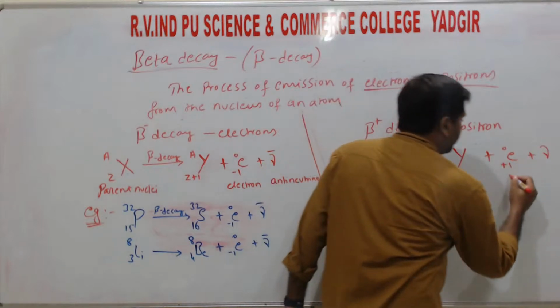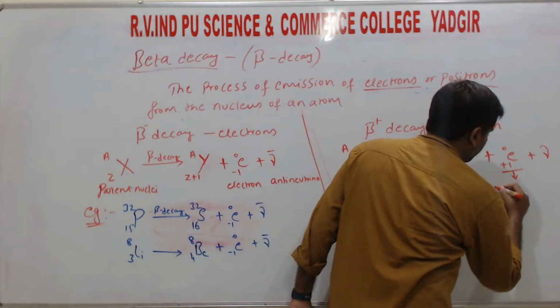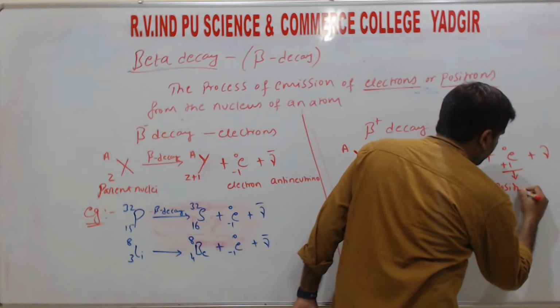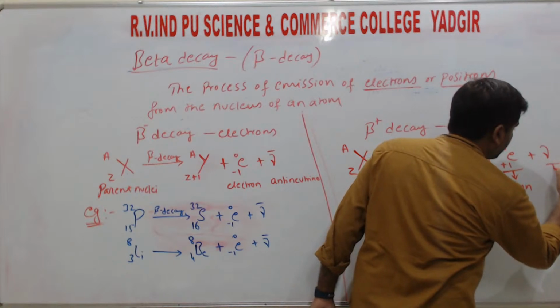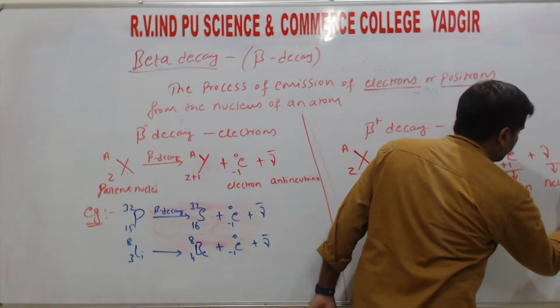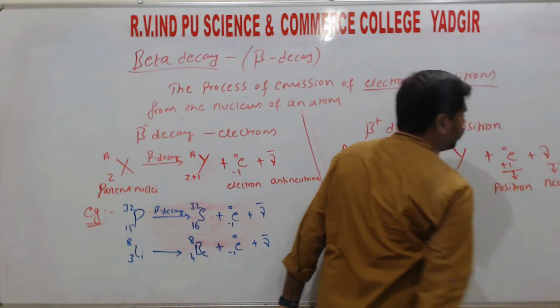This particle we call the positron, and this one we call the neutrino.